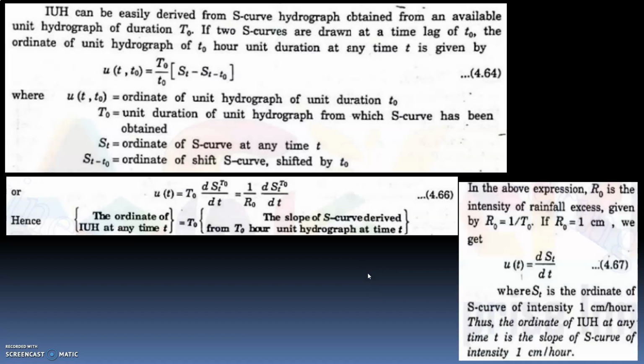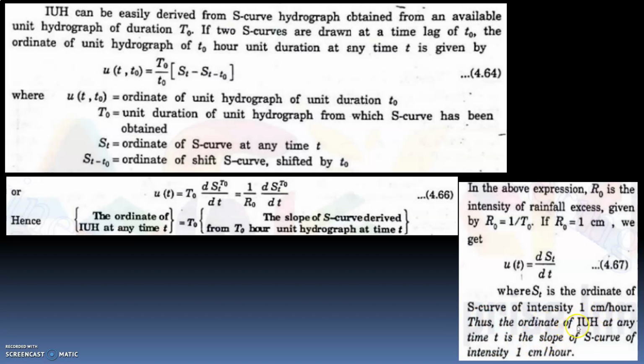In this equation, R0 is the intensity of rainfall excess, which is given by R0 = 1/T0. If R0 is equal to 1 centimeter per hour, then you will get this equation as U(t) = dS(t)/dt, where S(t) is the ordinate of the S-curve of intensity 1 centimeter per hour.